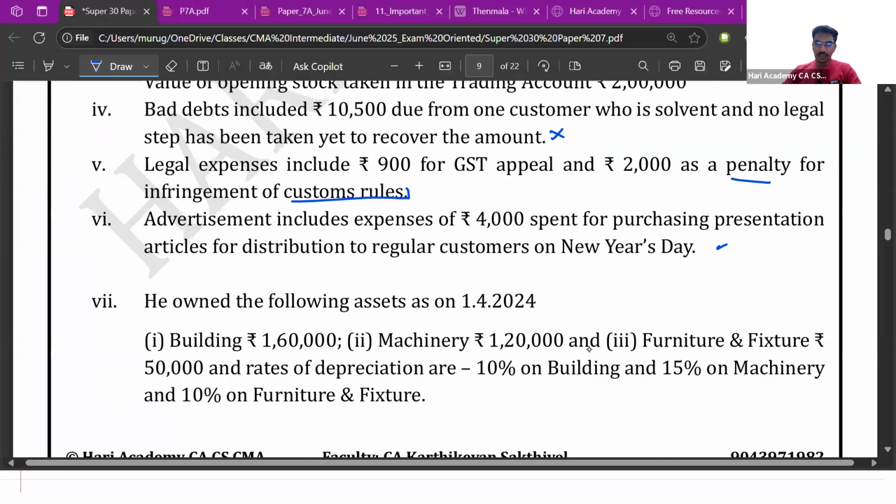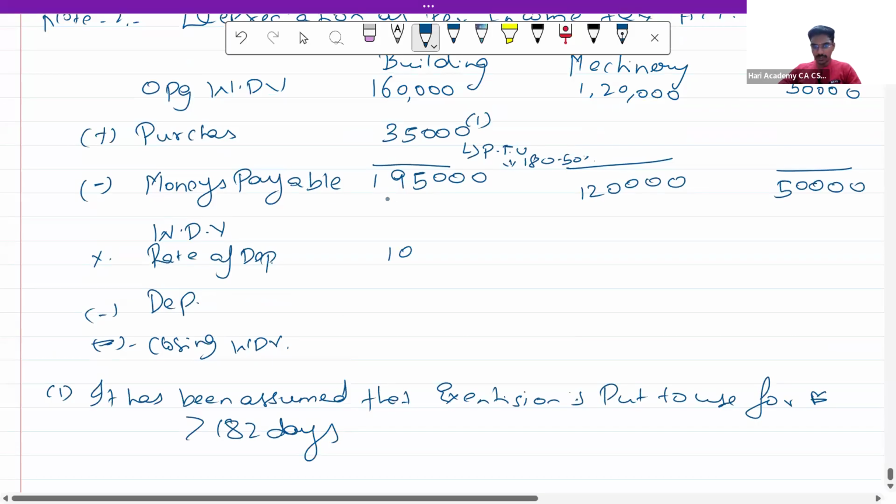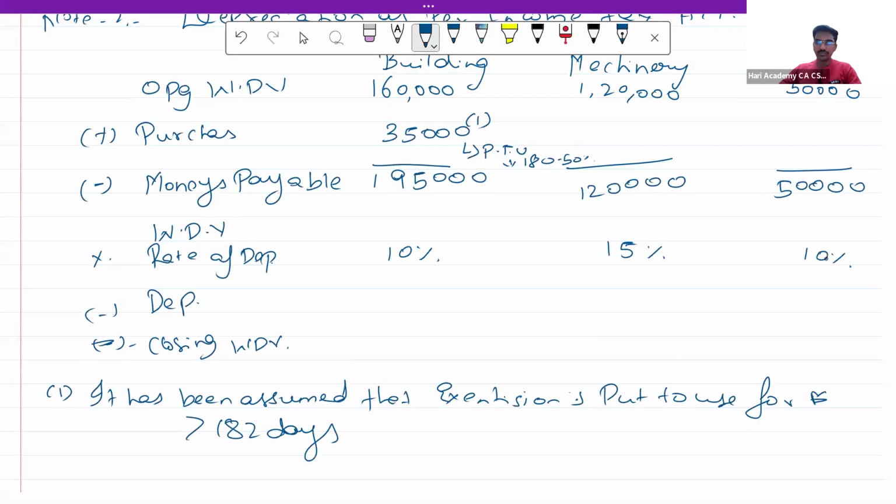So here they have also given the rates of depreciation. For building, it is 10%. For plant and machinery, this is 15%. And for furnitures and fixtures, it is again 10%. So this is going to be 19,500 plus 12,000 plus 5,000.